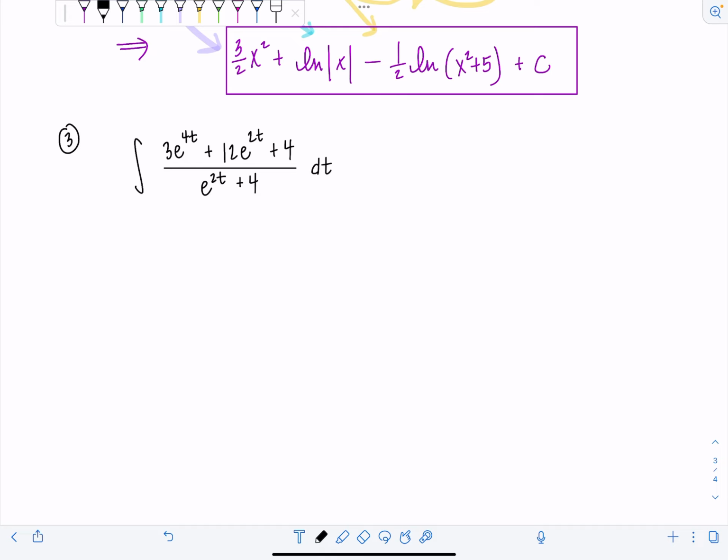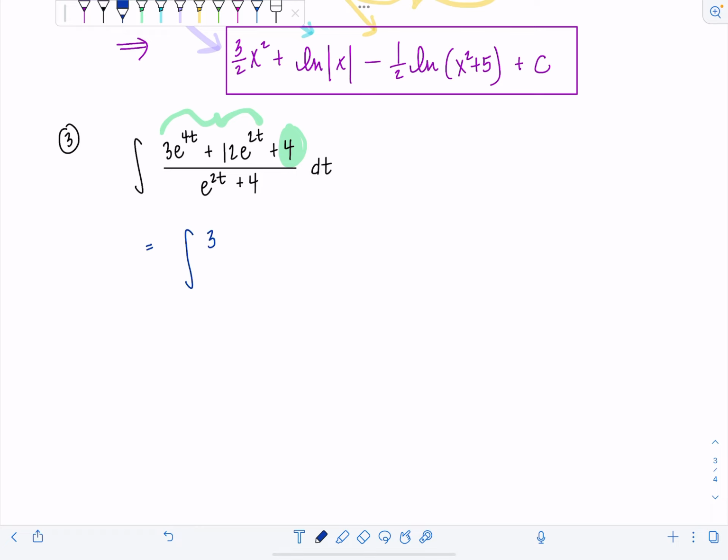The numerator, I'm staring at it, and I notice these two terms, I can factor out a 3 and an e to the 2t from, but this poor little 4 I can't do that with. So what I'm inclined to do now is split this integral into 2.